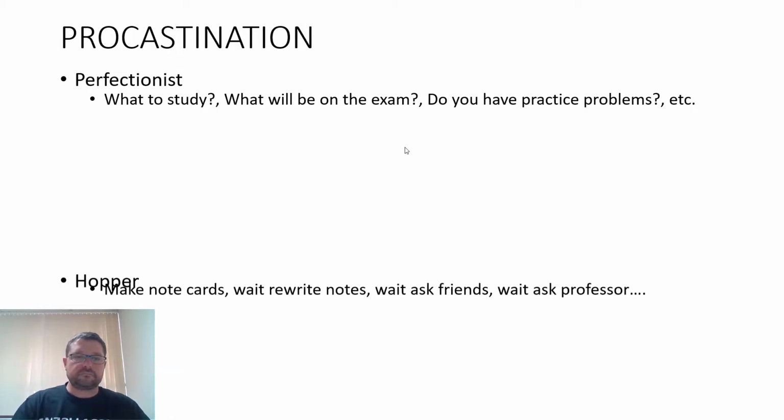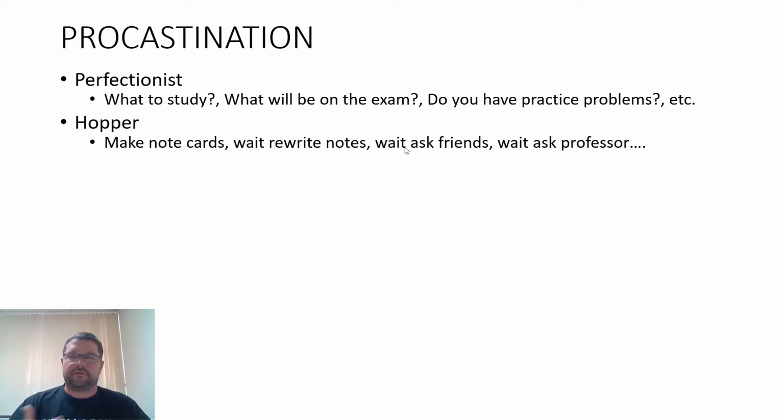Okay? The hopper. I see this quite often, mainly in live students because I get to see how they're studying. But even in online students, I'll hear them chatter or they'll talk to people on discussion boards or email me and things like that. And that's really individuals that don't concentrate on studying the best way for them.